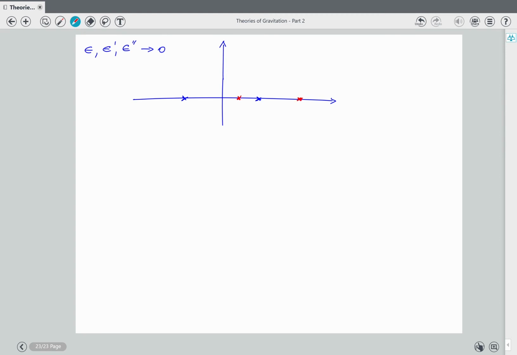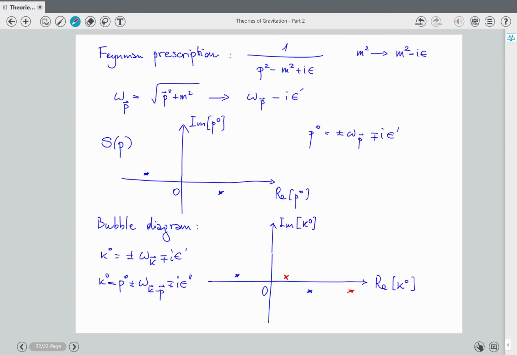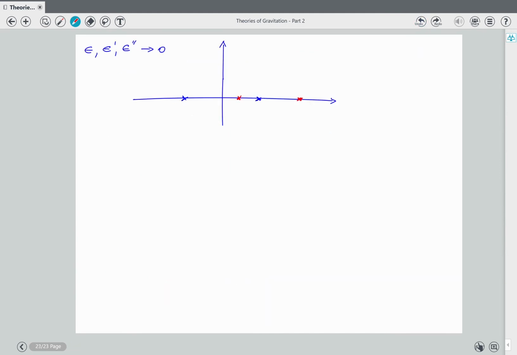And where is the integration path? Well, the integration path is the real axis. So when this pole goes down, that means that you have to deform the integration path so as to avoid the conflict here.